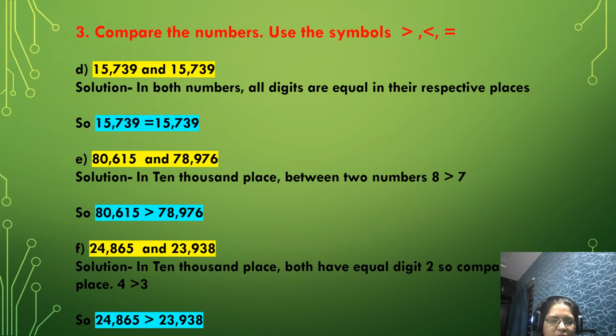We have to compare the second place value digit, that is the thousand place, and if in the thousand place also the digits are equal, then we have to move to the hundred place digit and compare. And if in the hundred place the digit is also equal, then we have to move to the tens place digit and compare the place value digit in the tens place.